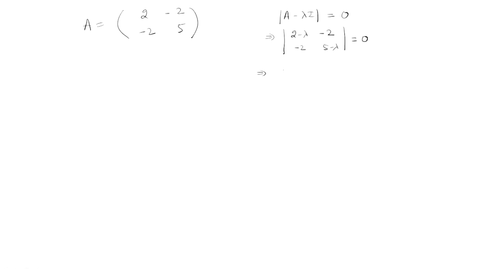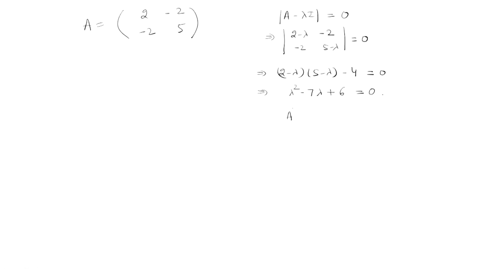So, this implies 2 minus lambda into 5 minus lambda minus 4 should be 0. This implies lambda square minus 7 lambda plus 10 minus 4, which is plus 6, equal to 0. So, this is the characteristic polynomial of this matrix A.